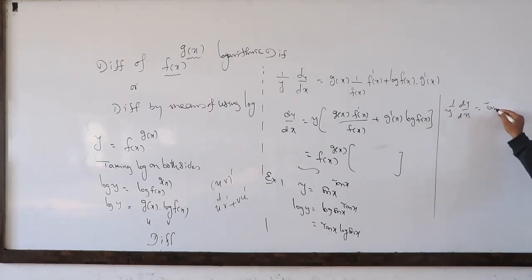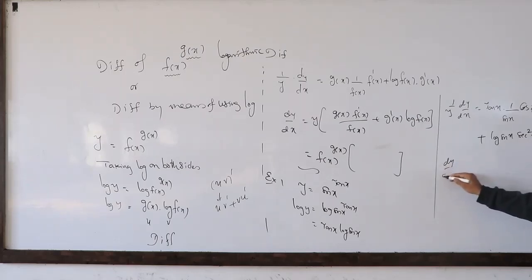On the RHS, by the product rule: tan x into 1 by sin x cos x, which is cot x, so tan x and cot x cancel. Plus log of sin x into secant square x. Hence dy by dx is equal to y into (1 plus secant square x log sin x).